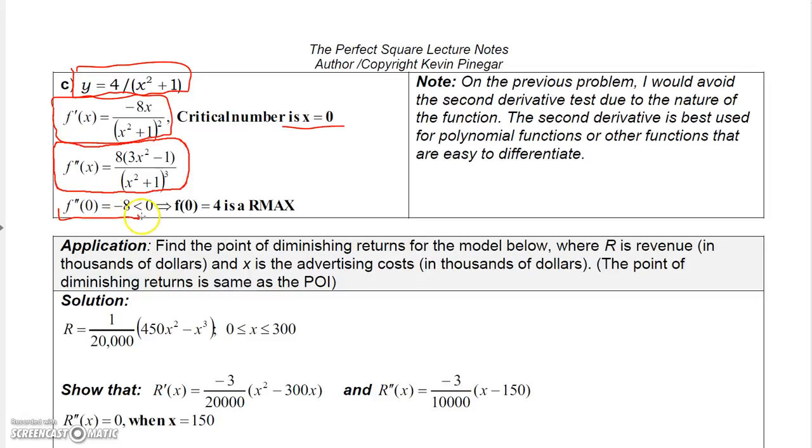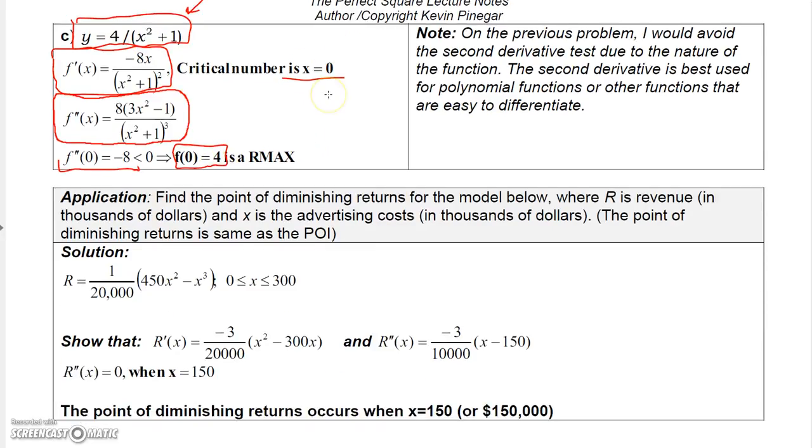Well, since the second derivative is negative at 0, then I know f of 0 gives us a relative max. And to figure out what that relative max is, I just need to evaluate this function at 0 to get 4. So 4 is the relative max.